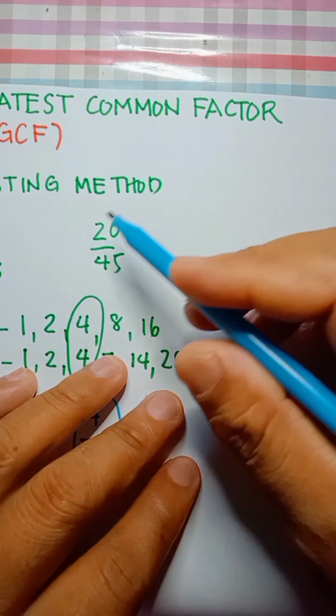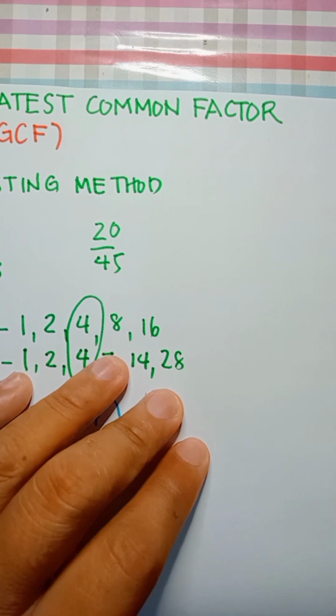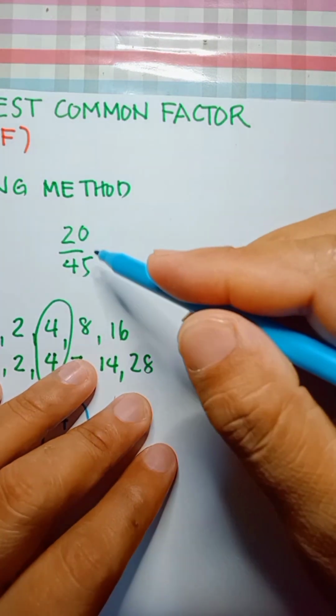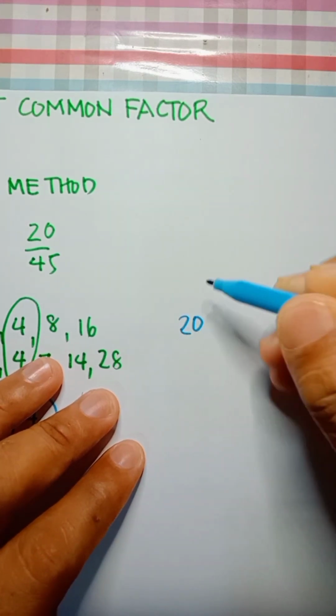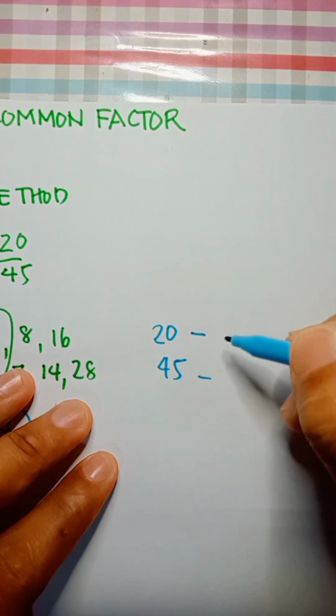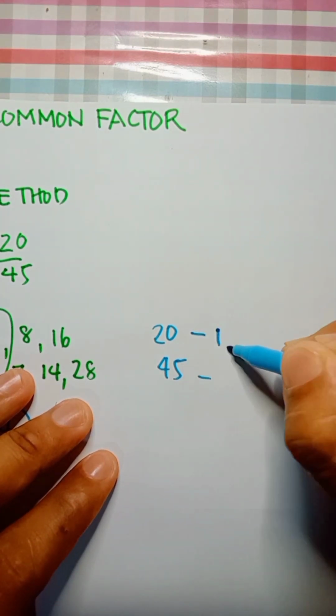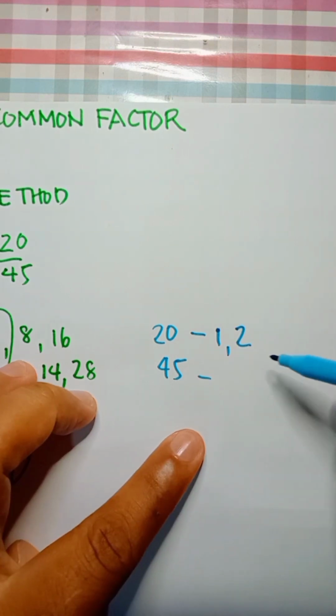Okay, let's simplify this fraction 20 over 45. And let's find out the common factors of 20 and 45. So 20 can be divided by 1, and this is an even number too, so this can be divided by 2.